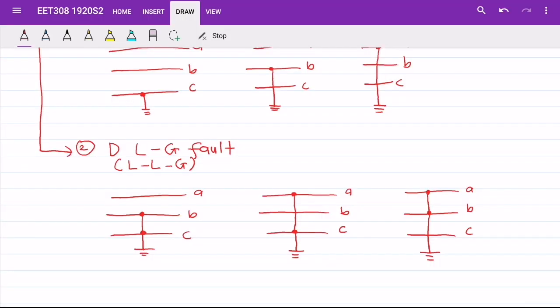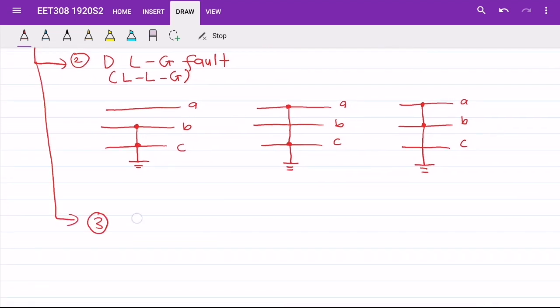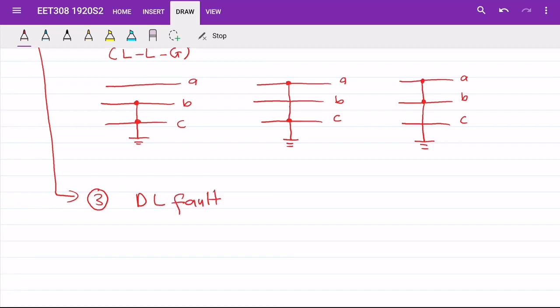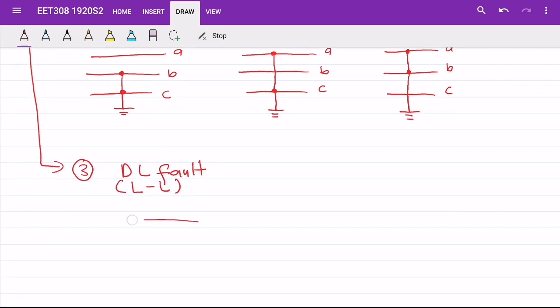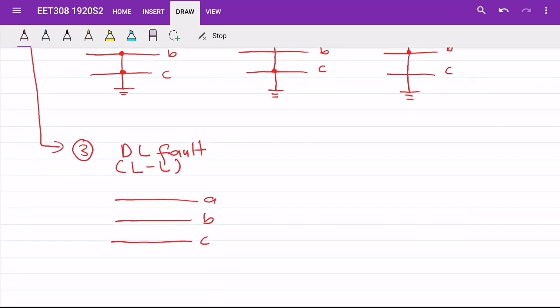Okay, the third fault in unsymmetrical fault we call a DL fault or LL fault. DL fault is double line fault, or LL means line to line fault. For the connection of this fault, we have A, B and C. Two lines will be connected together.